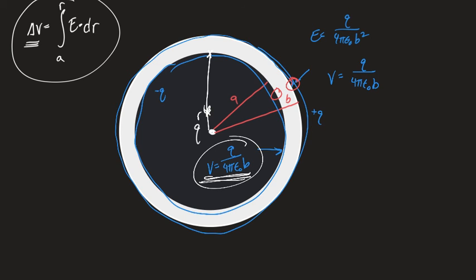I think asking for this potential here is very reasonable. Asking for the potential of another point inside is broaching on unreasonable. Now, are they going to ask unreasonable questions? Yep, they have.